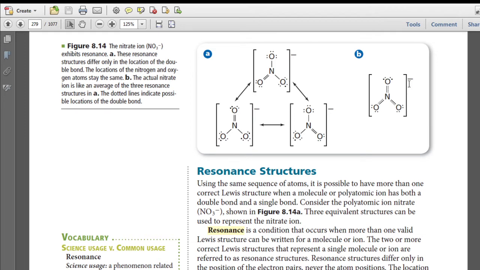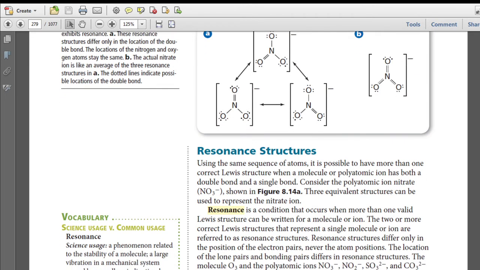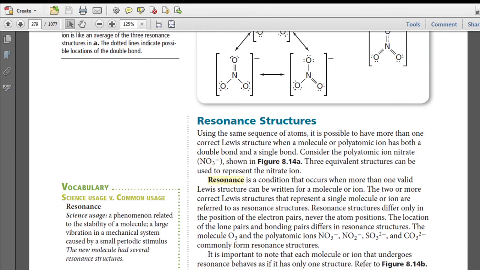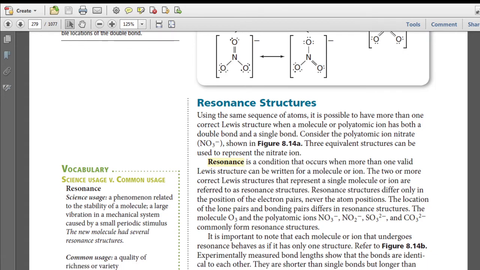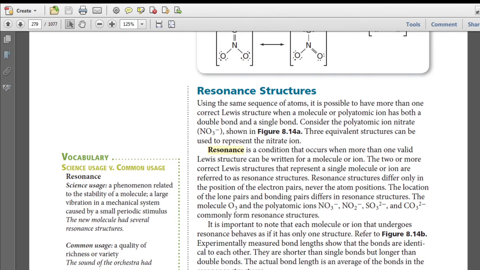If you take chemistry in college, you'll learn that resonance actually equates to stability. Resonance is a condition that can occur when more than one valid Lewis structure can be written for a molecule. The 2 or more correct Lewis structures that represent a single molecule or ion are referred to as resonance structures.